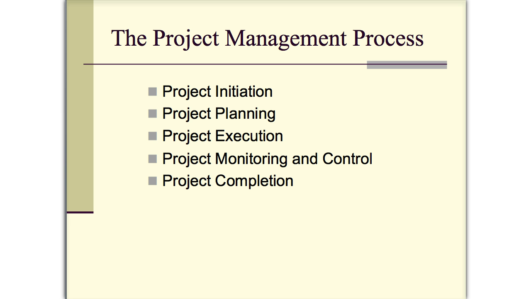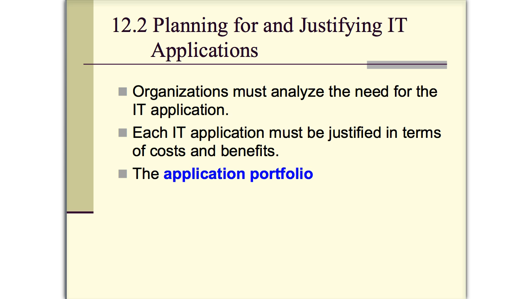And then of course you have project completion. It's when it's done and when it's formally accepted by the organization that it was created for. So if you have a third-party software development project, project completion would be where the final product is handed over or presented to the client.